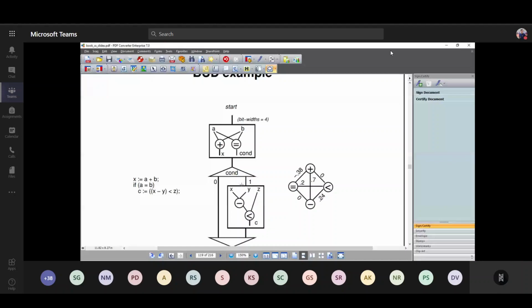You may be aware of BCD balanced or unbalanced types of BCD numbers. Here the operation to be performed is x equals a plus b. If a is equal to b, then you compute x minus y less than z, and the comparison of that would be given to c.